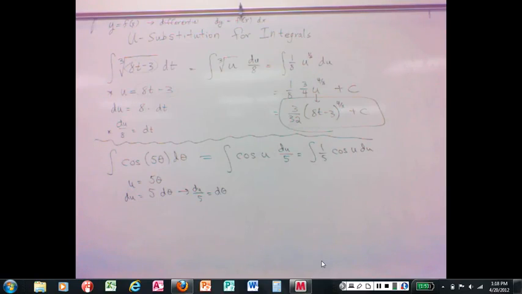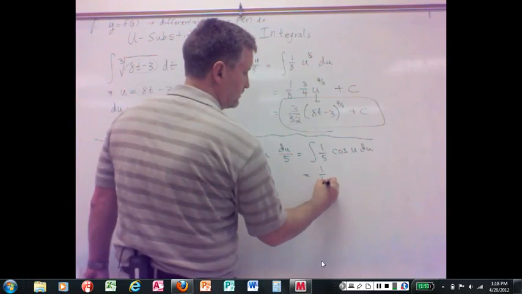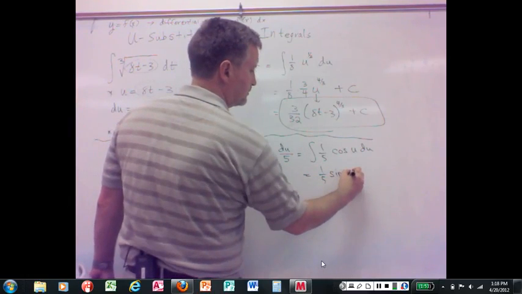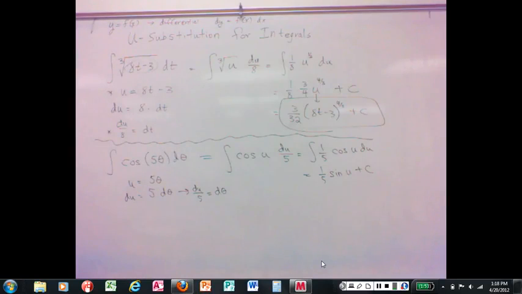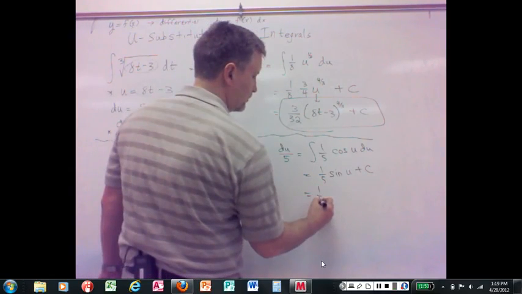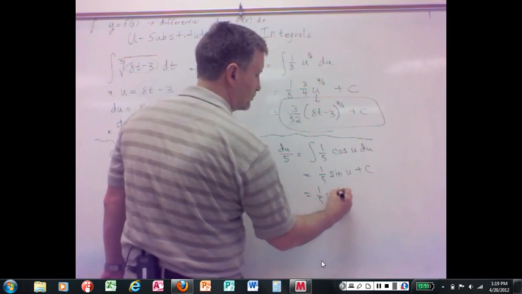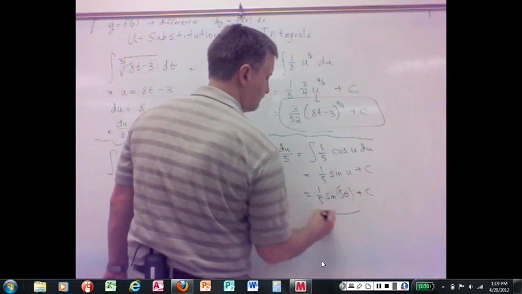That's just the antiderivative of cosine, isn't it? It's just sine plus c. It's just 1/5 sine of u plus c, but the original integral was in terms of theta, so I need to go back to that, which just means replace the u with the original substitution, 5 theta. 1/5 sine 5 theta plus c.